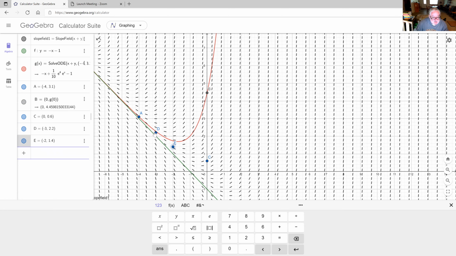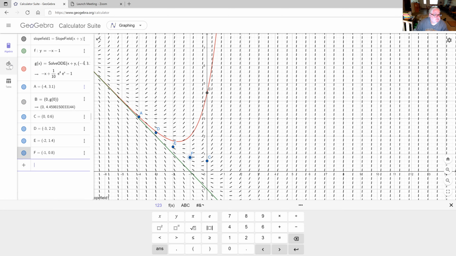Right? We followed the slope at D, 1 unit to the right, and that got us to E. And we calculated the slope at E, and E is minus 1. We calculated the slope at E and followed that for 1 unit. And we ended up at F, and then we went down to C.